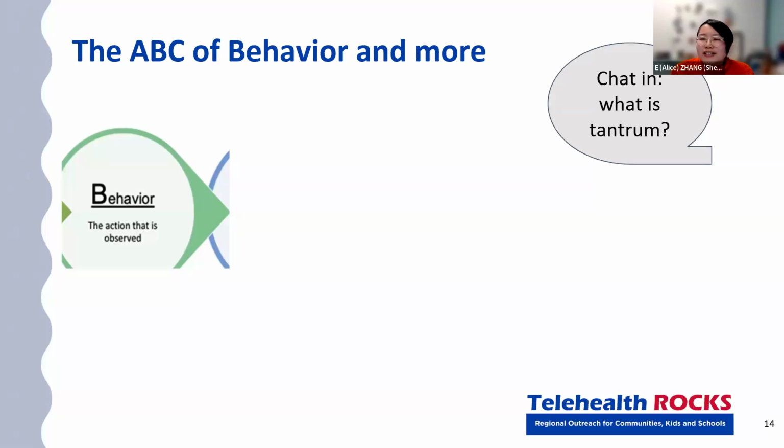We often hear this term tantrum, right? The child is having a tantrum, the child always tantrums, but I want to know, what is a tantrum? If you can just chat in the chat really quickly, and we can take a look. Just give me your definition of whatever you think a tantrum is.